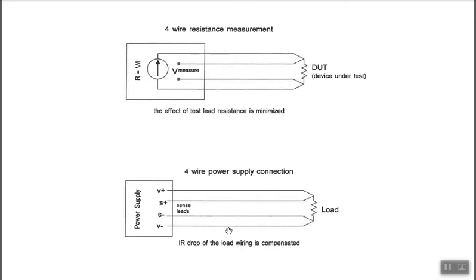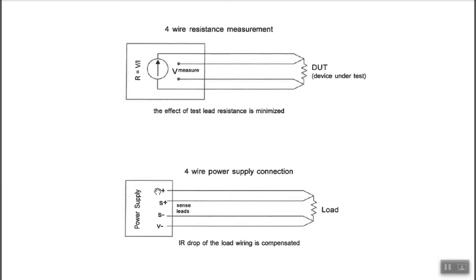What'll happen is your sense leads are run out to where your load is, and your sense leads will see that only 23.5 volts are getting to the load because of the IR drop here. And so the sense leads will report that back to the power supply, which will boost its output to 24.5 volts.